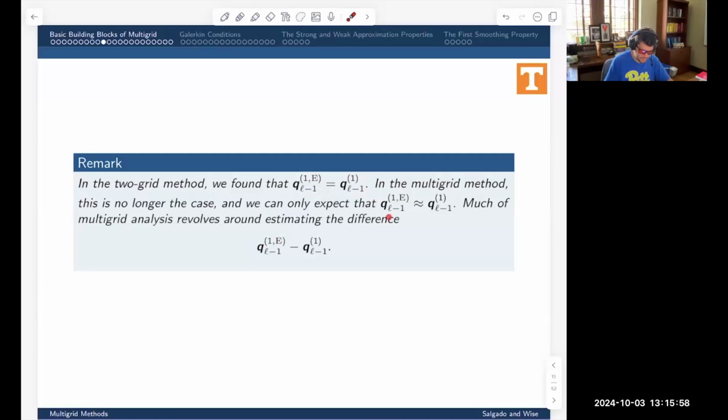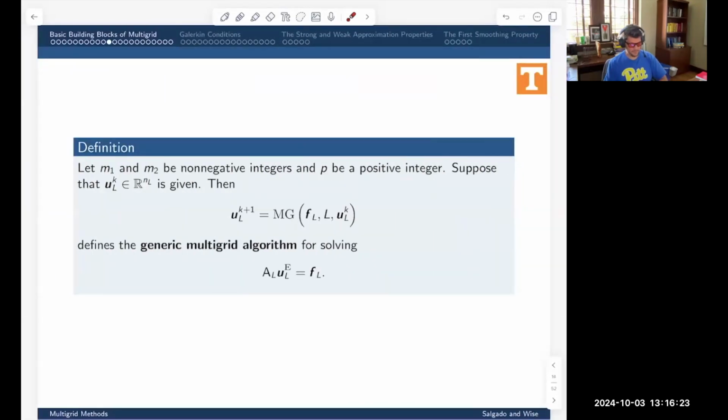We're only going to get an approximation of the exact. So much of the analysis that we're going to do with multigrid is going to revolve around finding an approximation for this difference. They're not equal anymore, so this is not zero. We have to approximate this to get an understanding of the error that we're generating with our multigrid approximation.